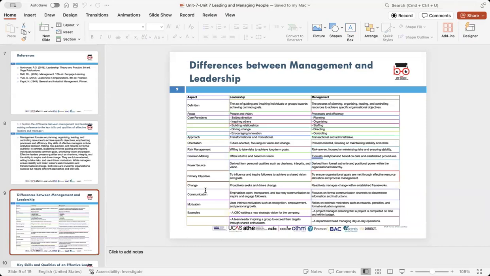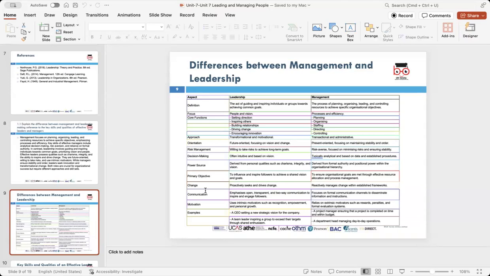Leaders gain power through their personal qualities like charisma and integrity, while managers gain authority from their positions in the organization. Leaders seek change and innovation, while managers work to maintain stability and order.